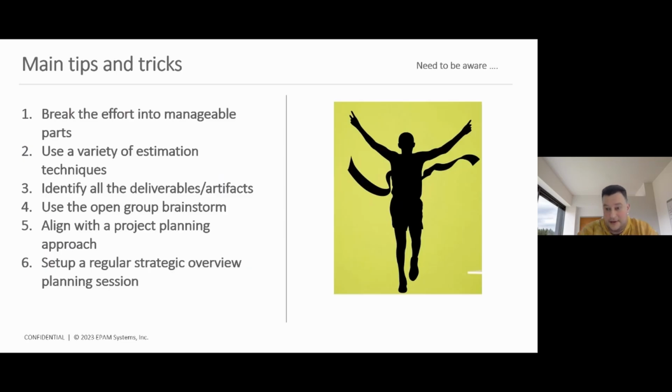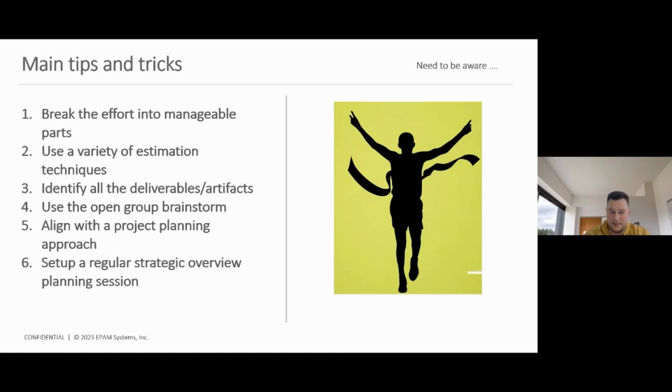And finally, main tips and tricks. So from the business analyst side, of course. The first one, break the efforts into manageable parts. It's common sense, but too many times I saw this mistake in practice, even more in EPAM. Use a variety of estimation techniques.